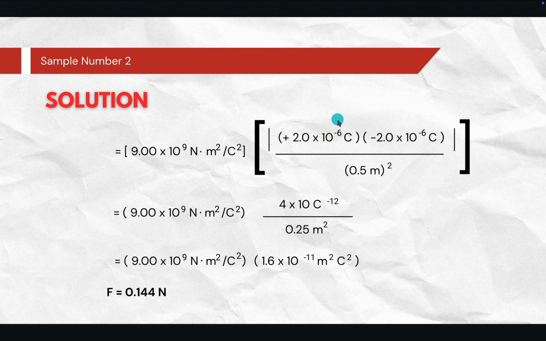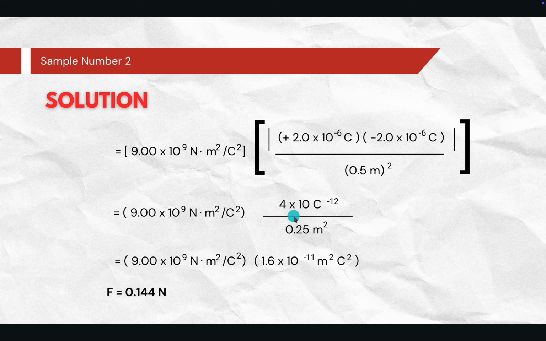Uunahin natin silang i-solve. Pag minultiply natin yung dalawang charge, magiging 4 times 10 C raised to negative 12, and then i-over natin dun sa distance squared, so 0.25 meters squared.